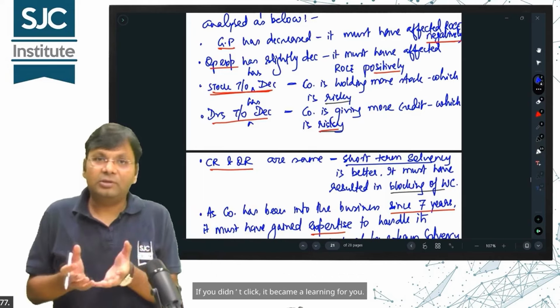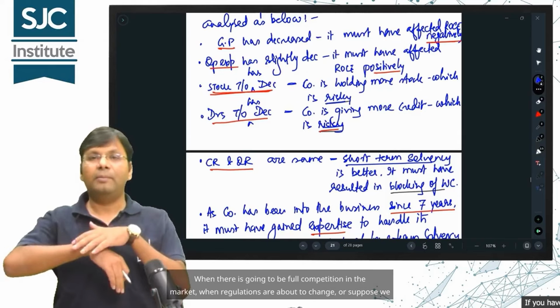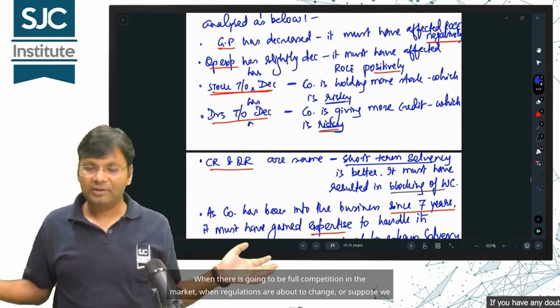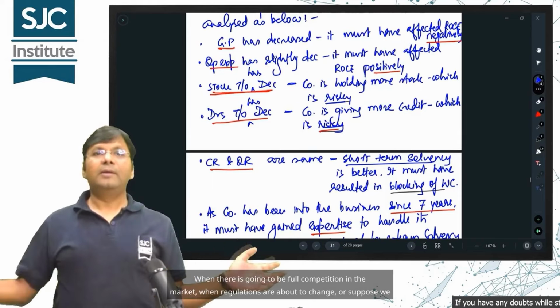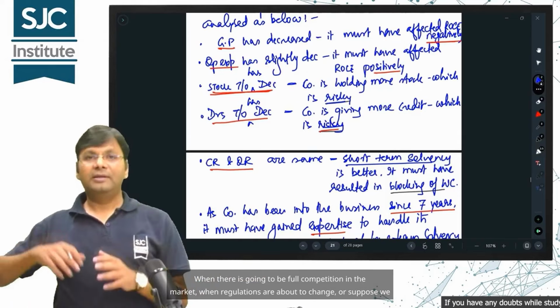No one would just stop growing the business, right? There are some great issues for which we should stop the growth. When should growth actually stop? When there is going to be full competition in the market, when regulations are about to change, or suppose we are facing financial distress, like our capital is not enough to repay loans, or old repayments are still pending.